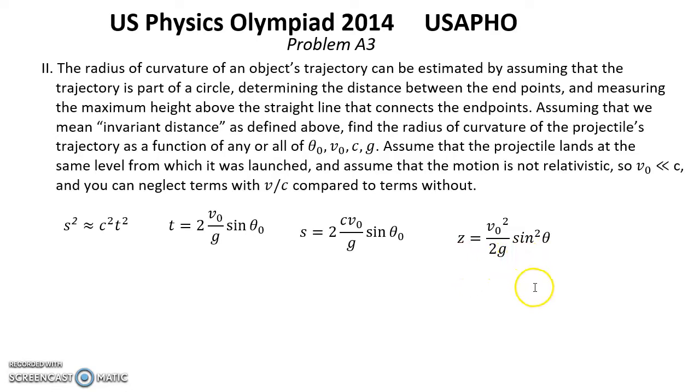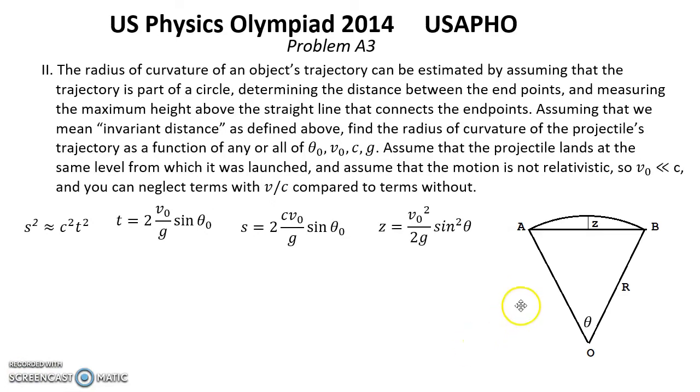And now we can find the approximate curvature of this curve. Suppose that this is the graph of our trajectory in time-space coordinates s and z. In that case, AB will be this distance, and z, that's the height, this one. Now we can find the radius of this curve from such equations.